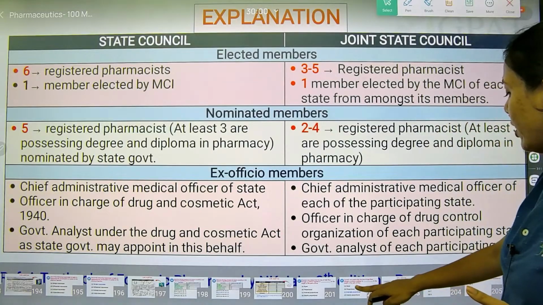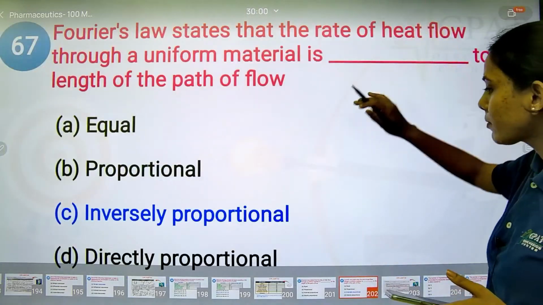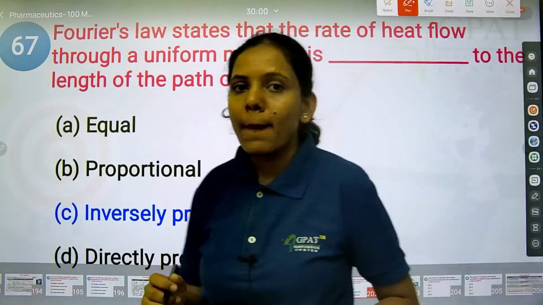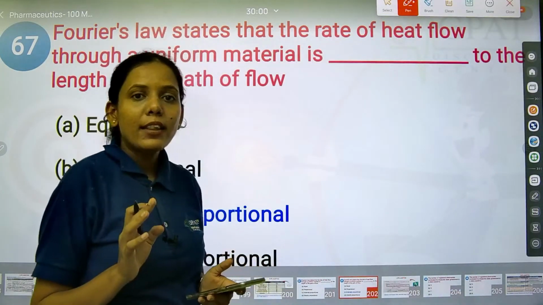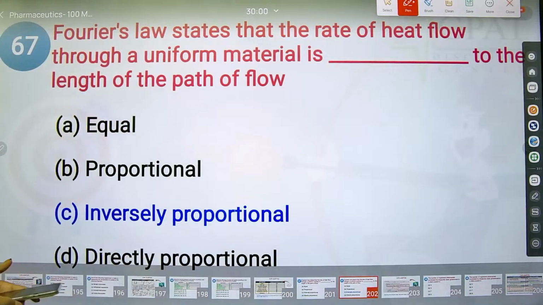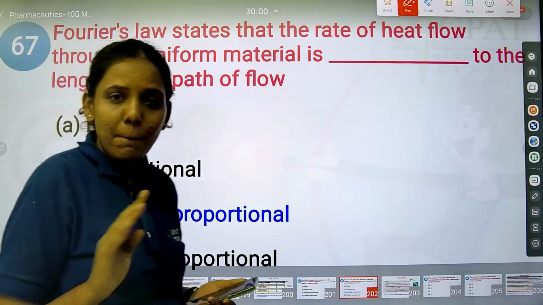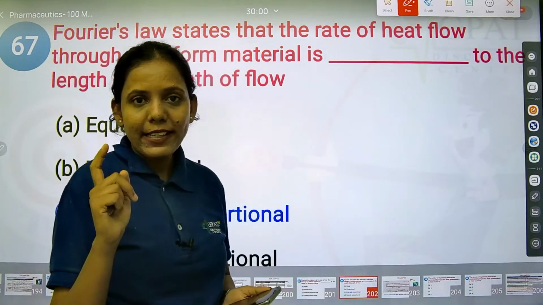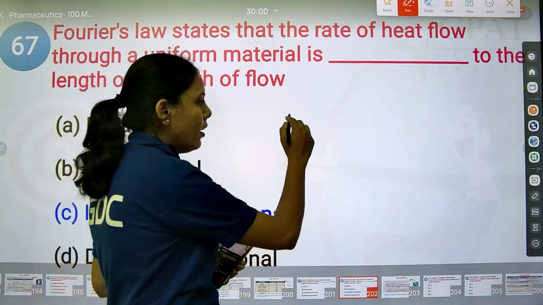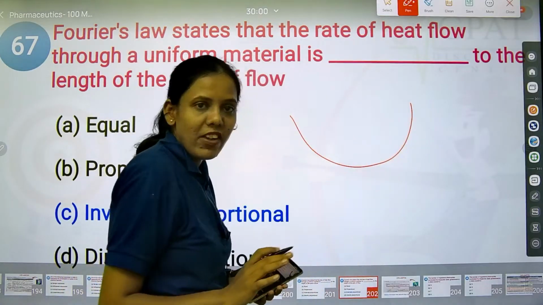Okay, 67th question. The rate of heat flow through a uniform material is dash proportional. Simple example shall I give you? For example, there is a vessel. This much vessel is there, right?